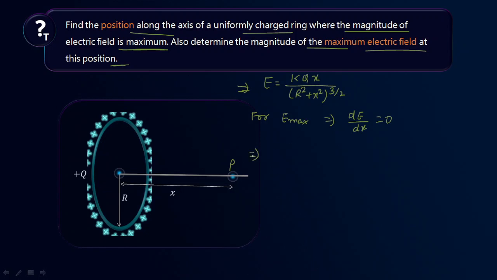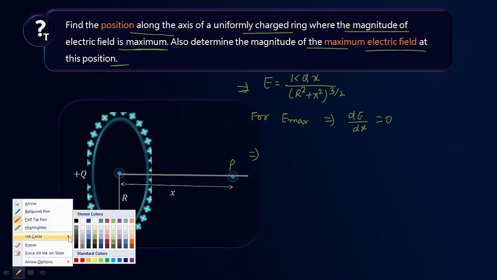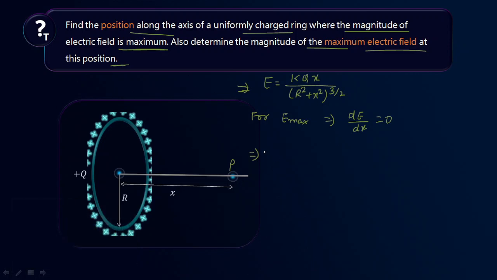So simplify now. So now we have dE by dx equal to 0 to write. So we can write kq, this is constant only. So d by dx, and now see, this term I can write as x into r square plus x square to the power minus 3 by 2, in u into v format, so that I can easily differentiate, right?